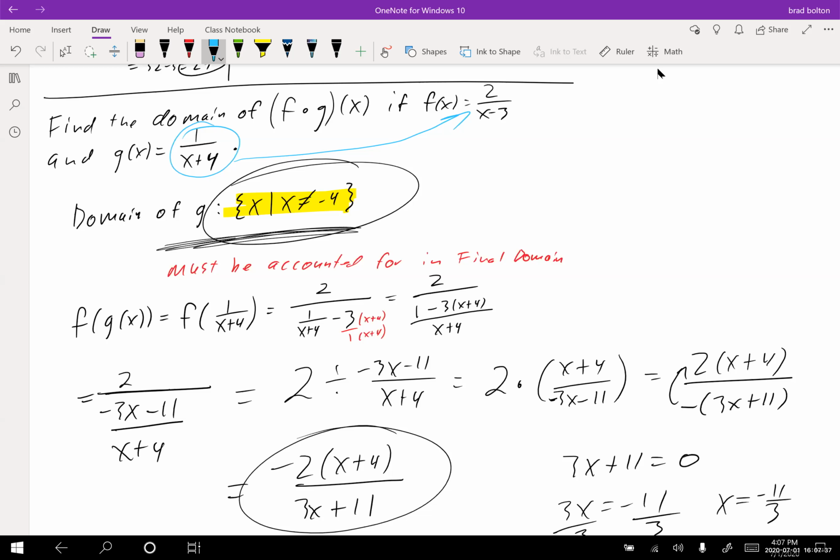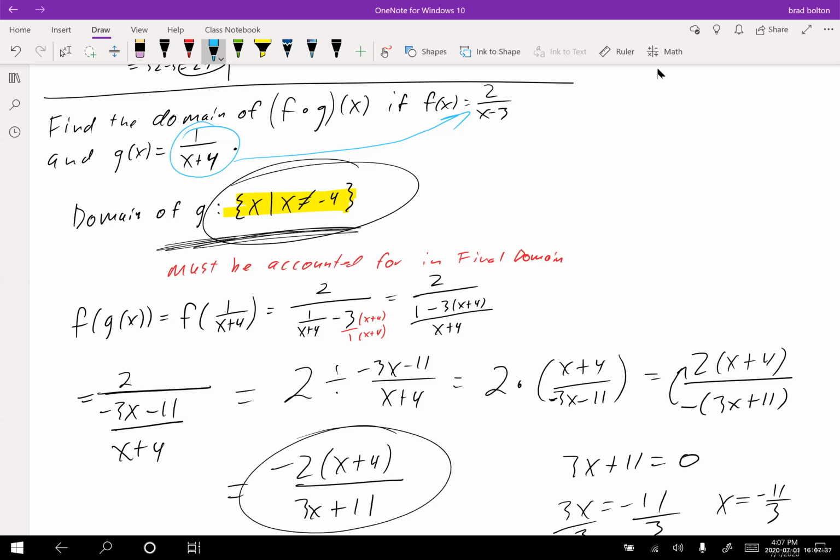Well, that means that we're going to have 1 over the square root of x plus 1 plus 2, okay? So if you look at this, what's the domain issues for this? Because all I did was I took this and I plugged it in for x, and that left me with 1 over the square root of x plus 1 plus 2.